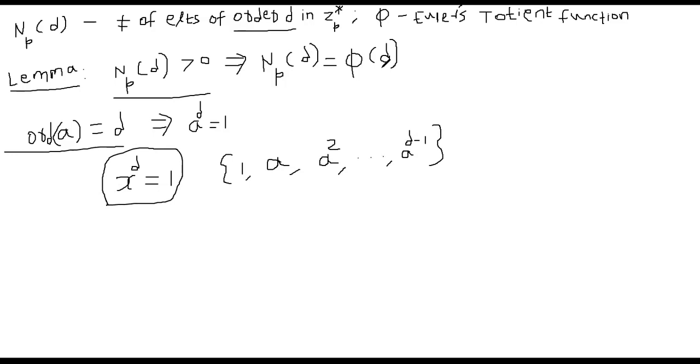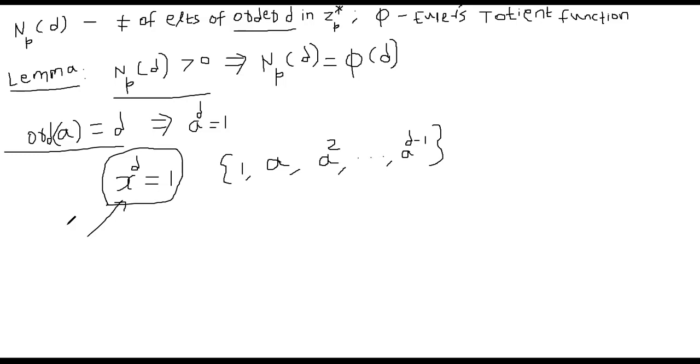And now we ask this question. Again, we go back to this polynomial x power d equal to 1 and ask: how many elements do we have in our Z star p that will satisfy this equation?